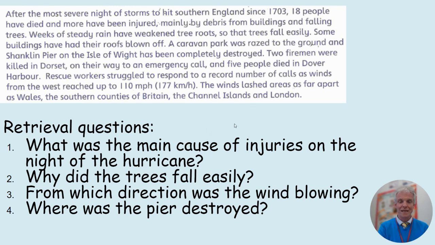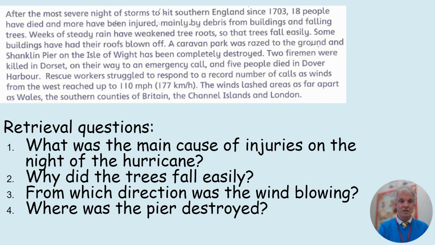What keywords might we look for there? Good. Could be injuries, could be main cause. So let's scan through. Here's injured here, and mainly right beside it. So this looks like a useful sentence. Let's read from the beginning of the sentence.